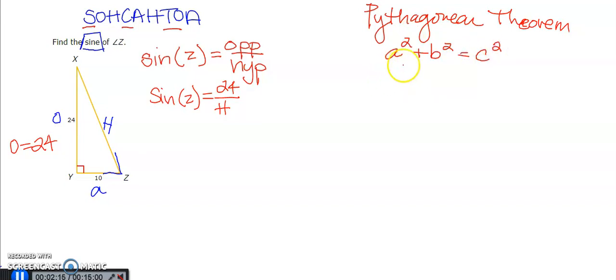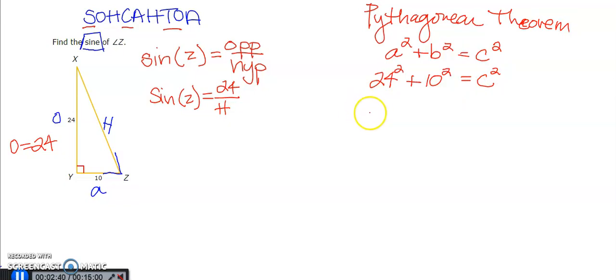A and B are the two legs. It doesn't matter which leg goes where, so I can put 24 here or 10. I'll just plug them in and you get 24 squared plus 10 squared equals C squared.